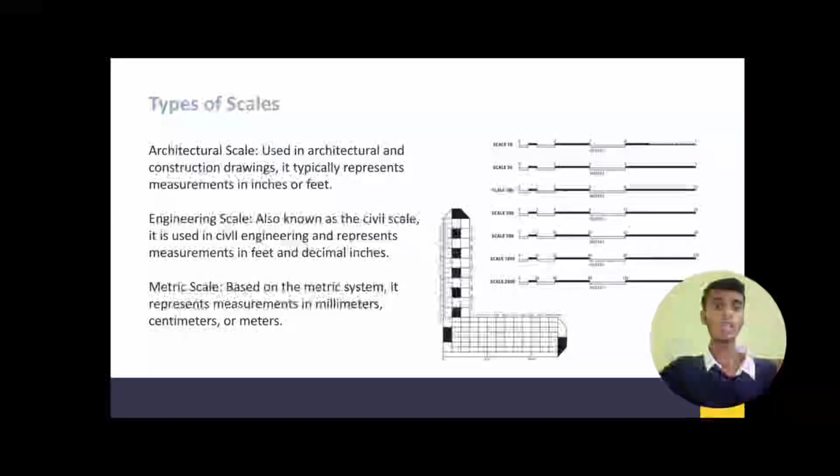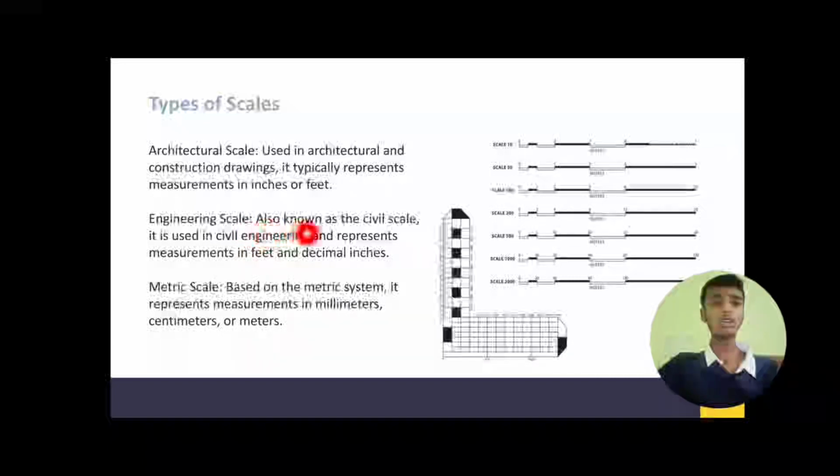And what are the types of scale? First is the architectural scale, next is the engineering scale, and the metric scale. First we'll see what is architectural scale. Used in architectural and construction drawing, it typically represents the measurements in inches or feet. Next is the engineering scale.